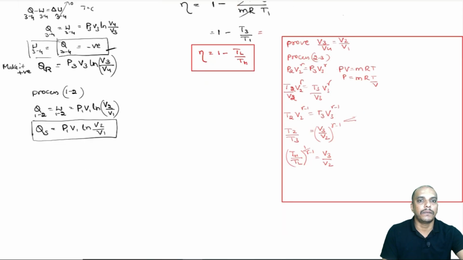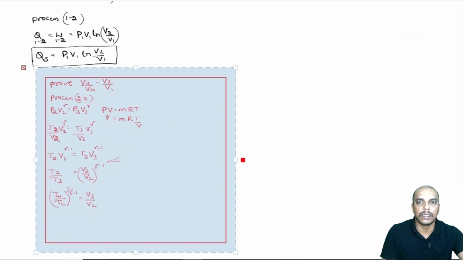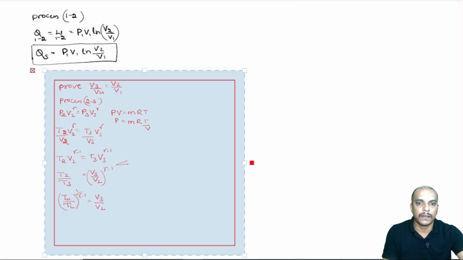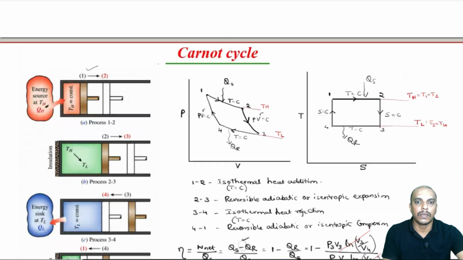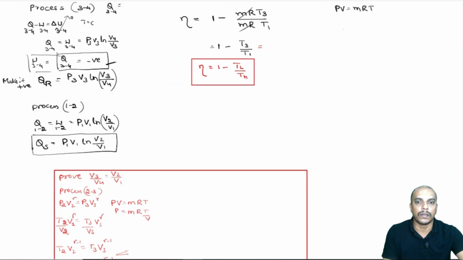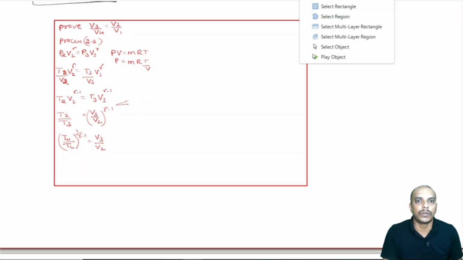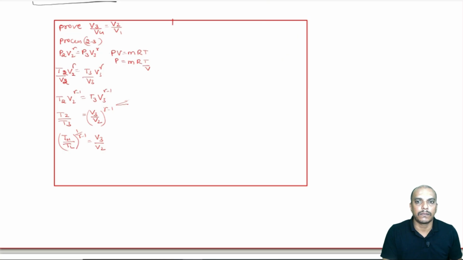Now similarly, let us take the other side. What is the other side? The other side is process 4 to 1.